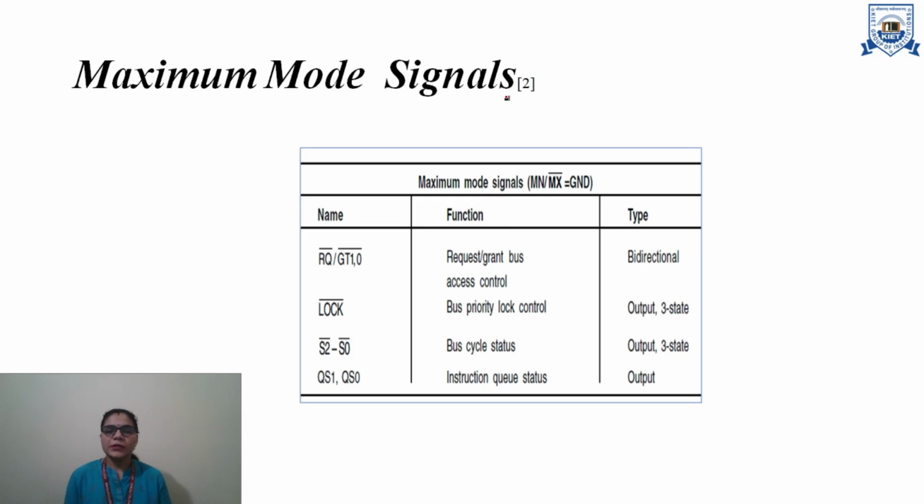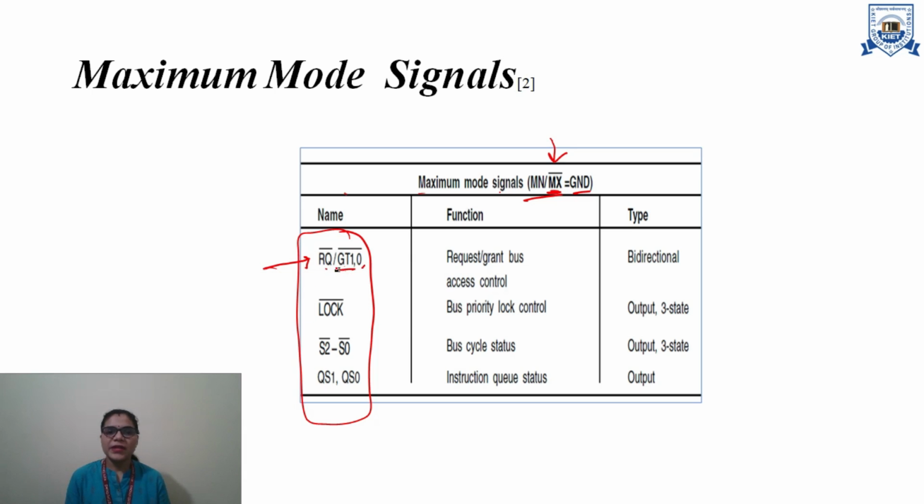Maximum mode signals. When the 8086 microprocessor works in maximum mode, the following control signals will be generated. Maximum mode is selected by connecting the mode selection pin to ground, or we can say logic low. In maximum mode signals, first we have the request and grant pins, request grant 0 and request grant 1.